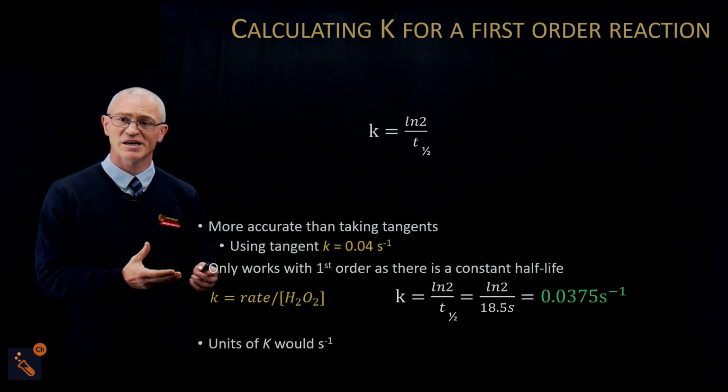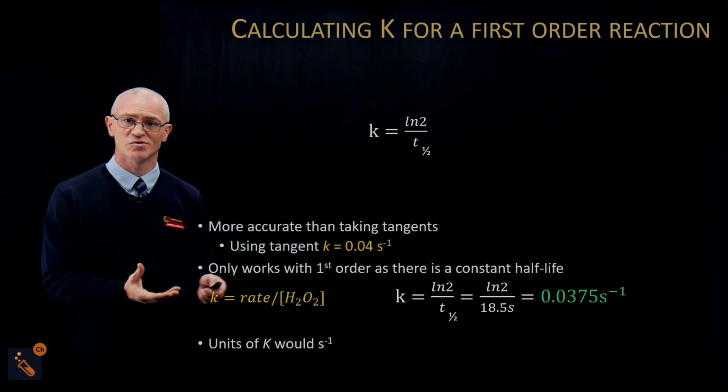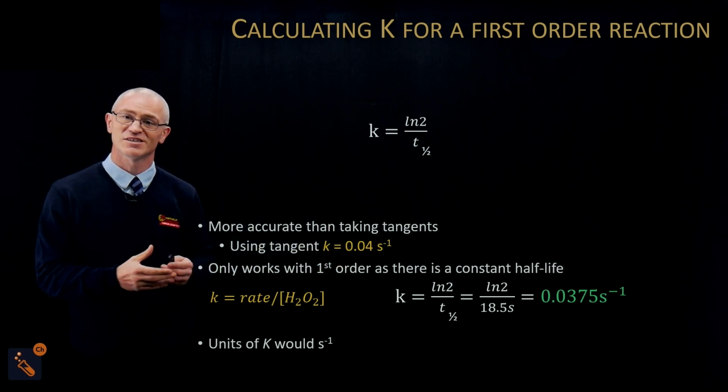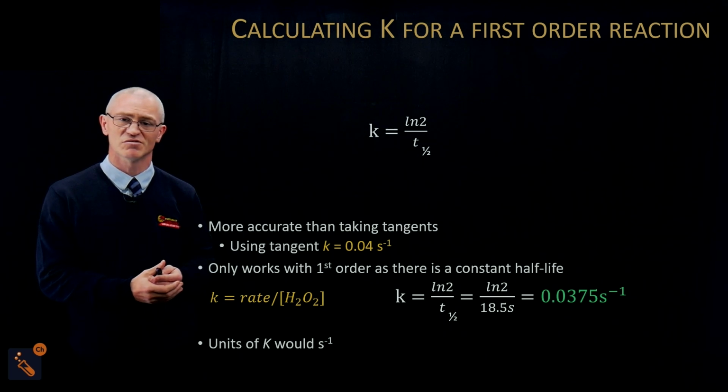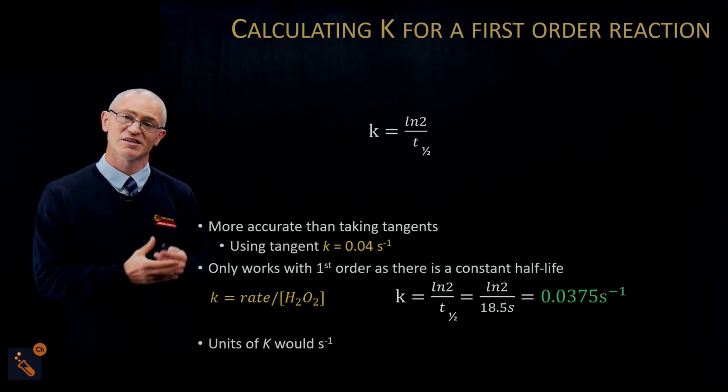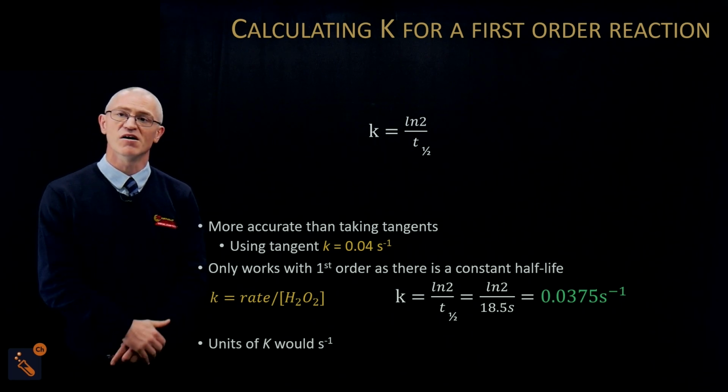Now if you compare 0.04 to 0.0375, rounded up they're both 0.04, but 0.0375 is more accurate. And that's why we might use K equals natural log of 2 over T half.